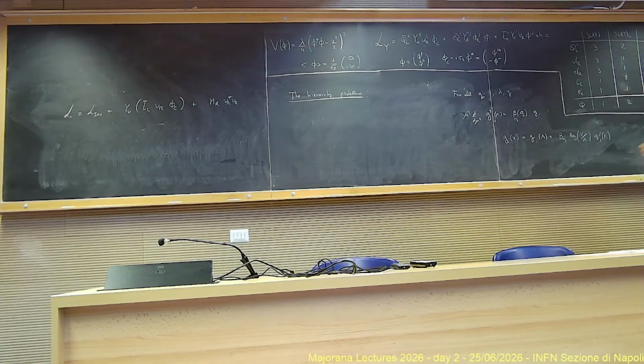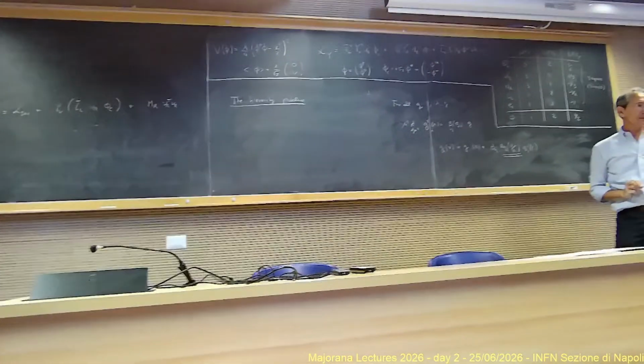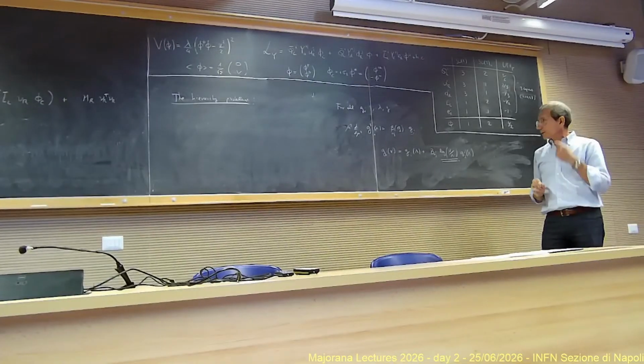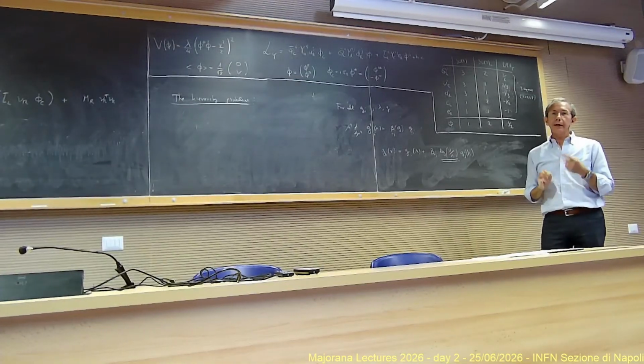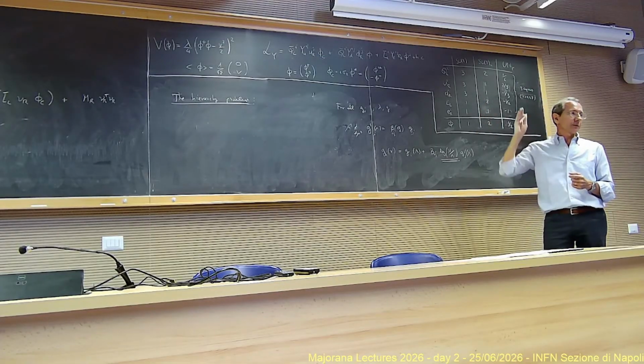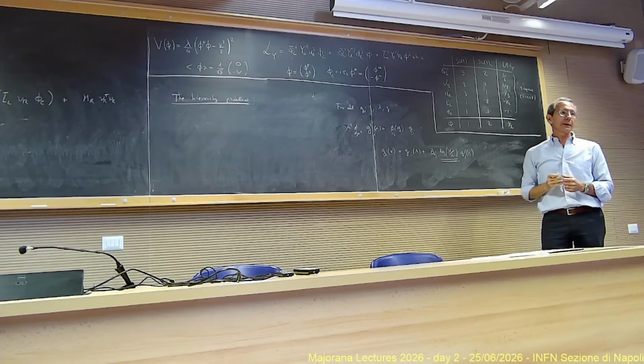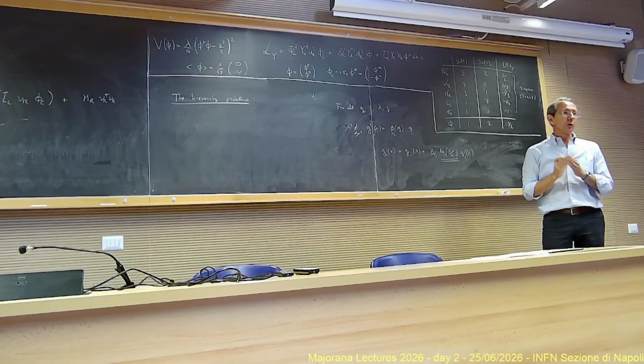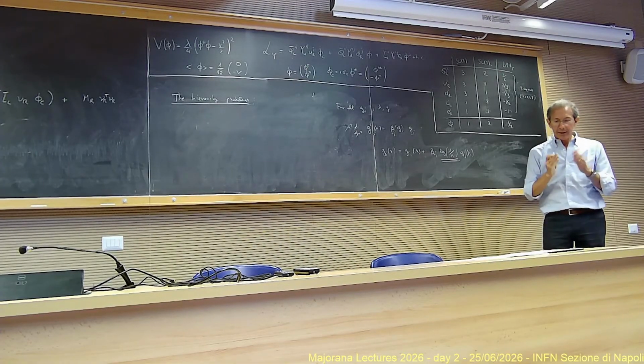I'm going faster, dropping all the factors. The key point is the logarithmic dependence. This is true for all couplings except one, which is the Higgs mass term, the only dimensionful coupling, because it's a dimension 2 operator, so it's energy dependent.